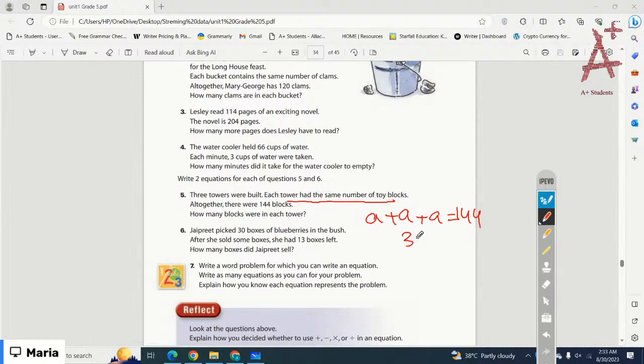When you add them, it makes 3a equals 144. Divide both sides by 3. 3 times 4 is 12, 3 times 8 is 24. It would be 48. That means each tower has 48 blocks, right?